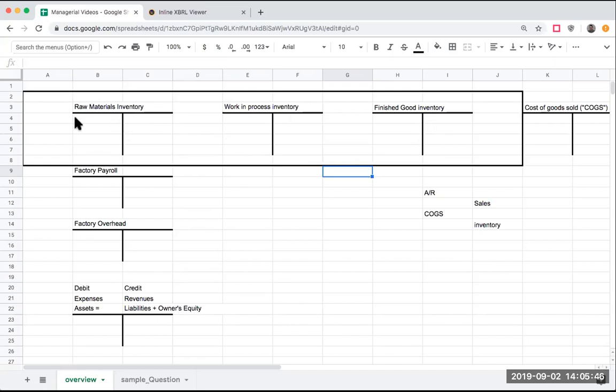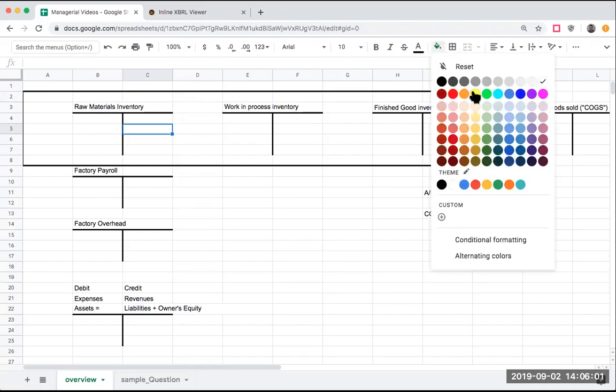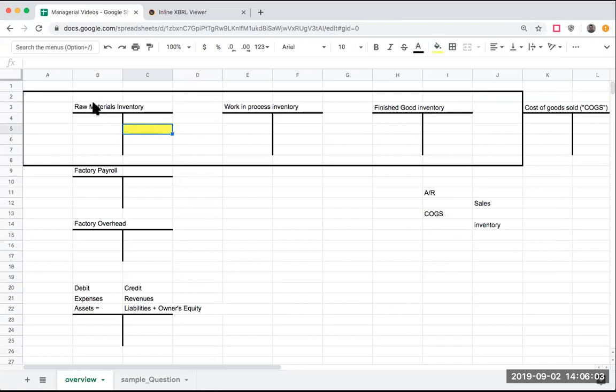During the manufacturing cycle, if we're turning on the machines and starting production, we're going to take raw materials. We're going to have our beginning raw materials inventory plus our purchases.